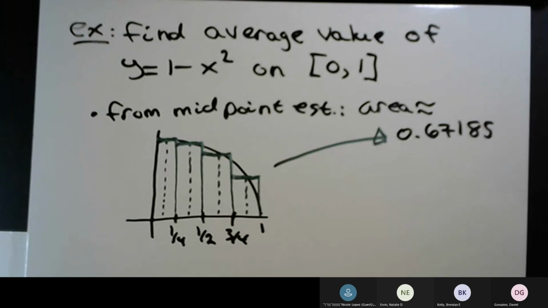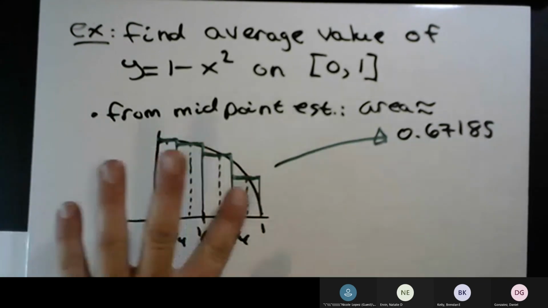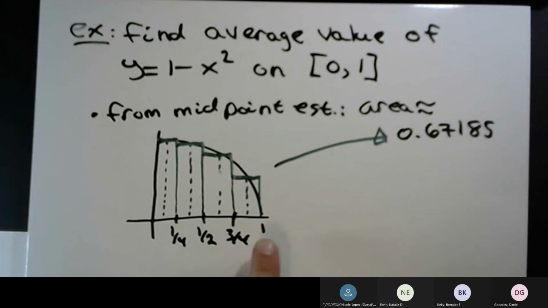So using the midpoint approach, we got this is an estimate of the area. So to find the average, we're going to take this estimate of the area and divide by the length of the interval.